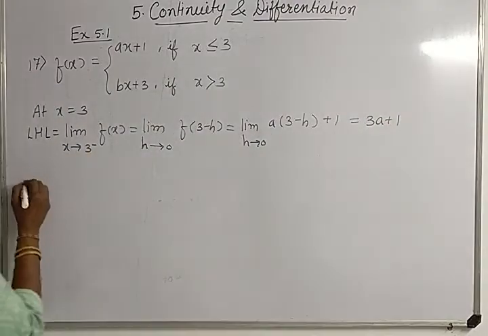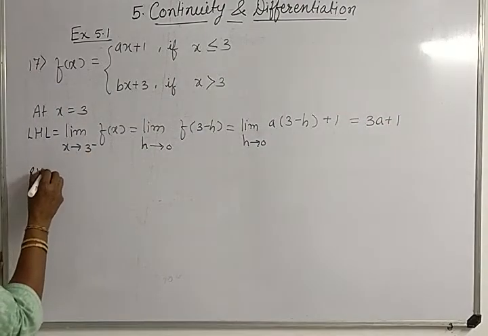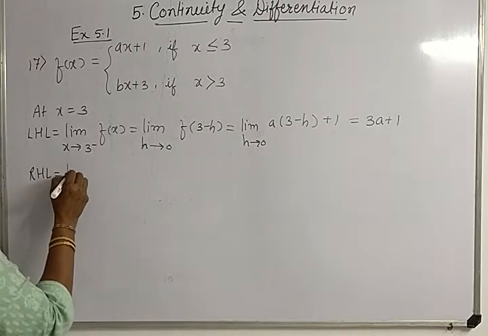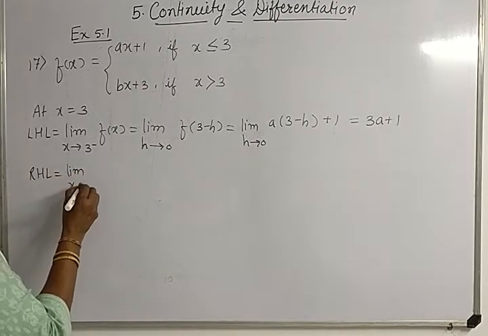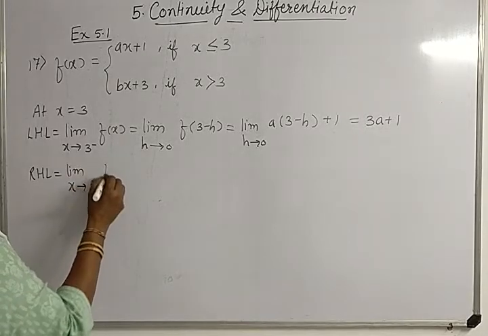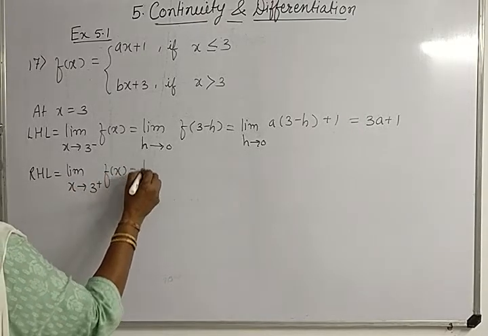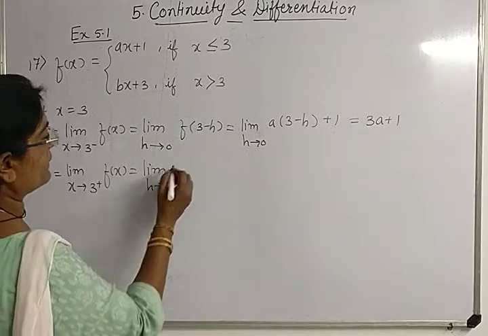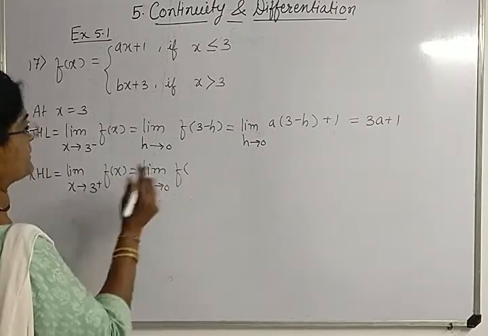Now right hand limit. Right hand limit equal to limit as x tends to 3 positive of f of x equal to limit h tends to 0 of f of 3 plus h.